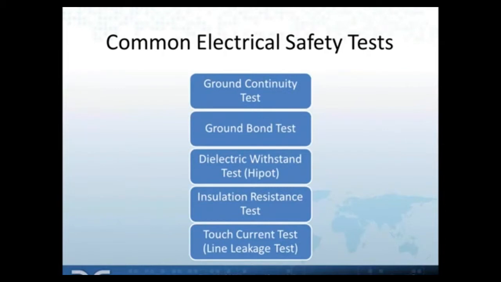Now, before we get into the common electrical safety tests, the question is, why do we need to test? Well, as we all know, safety agencies have implemented and enforced electrical safety testing for one main reason, which is to protect consumers from potentially fatal electric shock.